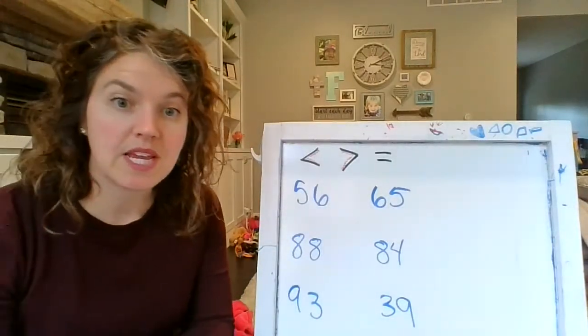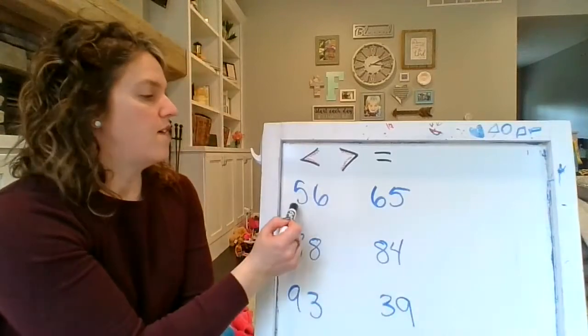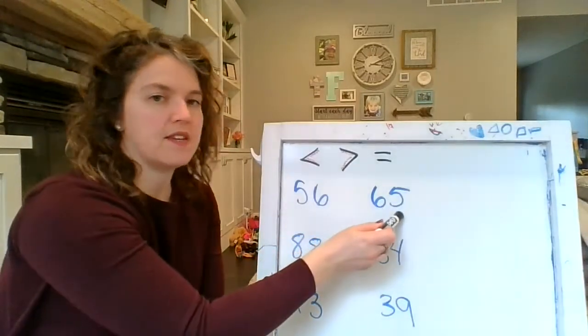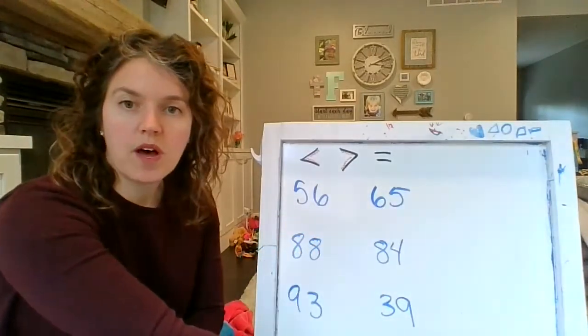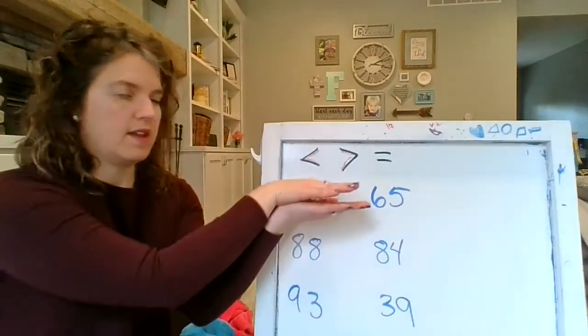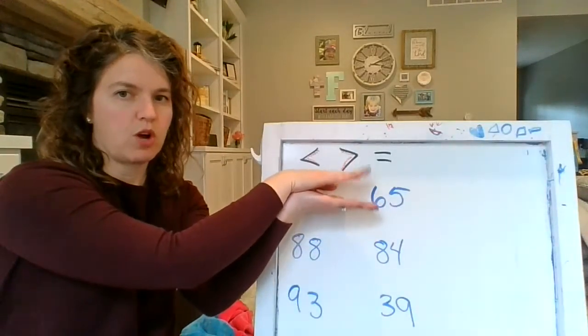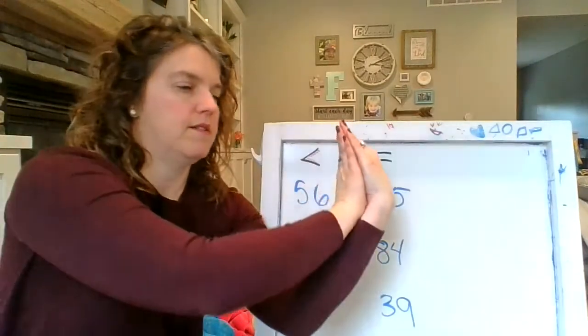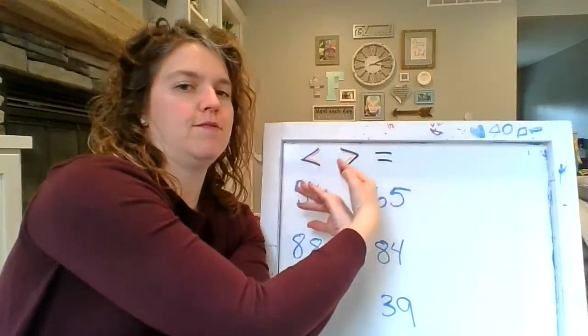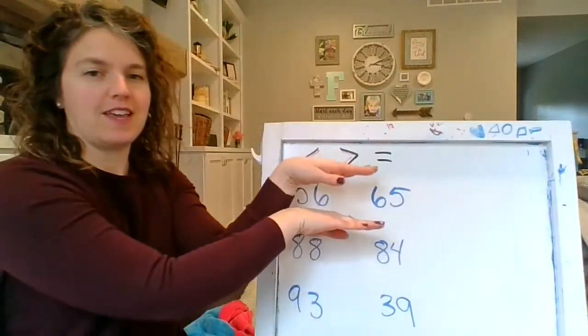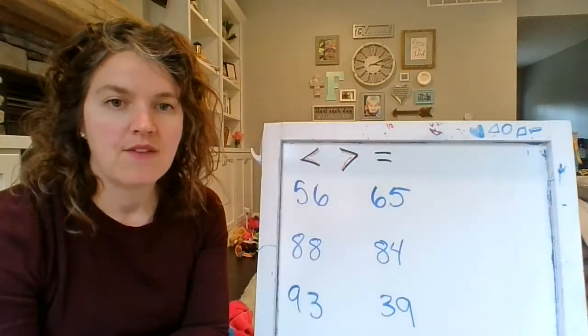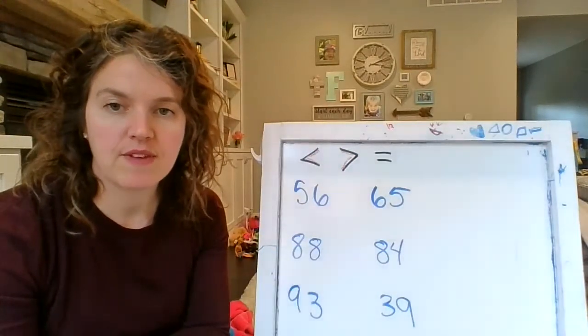All right, here we go. Okay, so let's take a look at our numbers here. 56 and 65. Which one would the alligator want? Is it this one? Or, oh, I can't do it this way. This one? Or are they equal? 56 or 65?